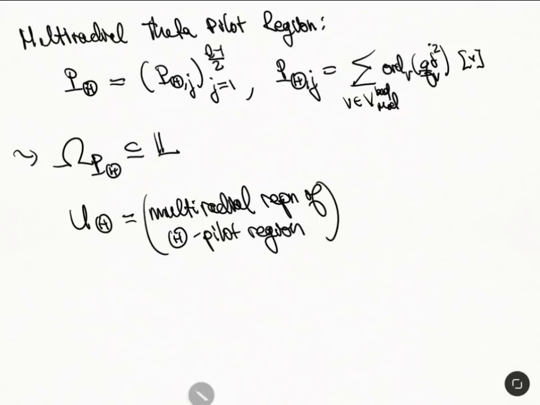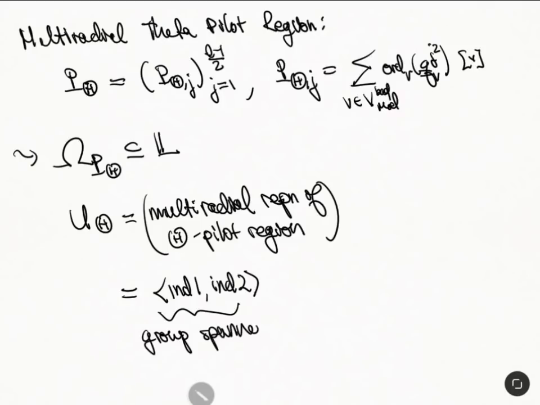Okay, and so this is equal to what we'll do is we take a group action, Int1, 2 here. So this is a group spanned by two subgroups. Okay, this is going to act on omega p theta.